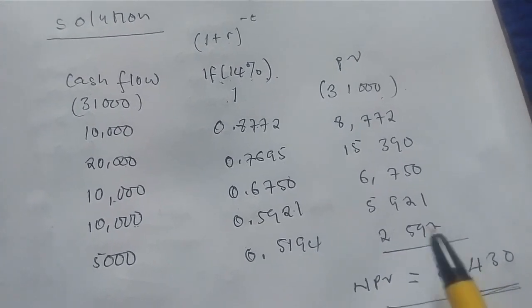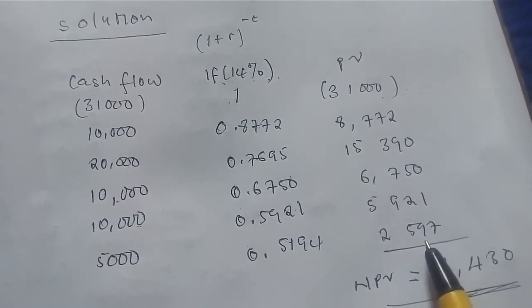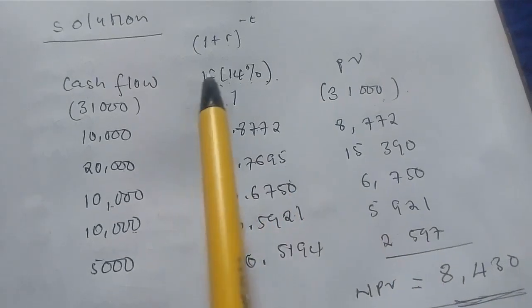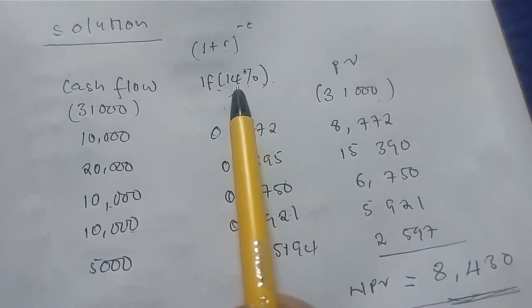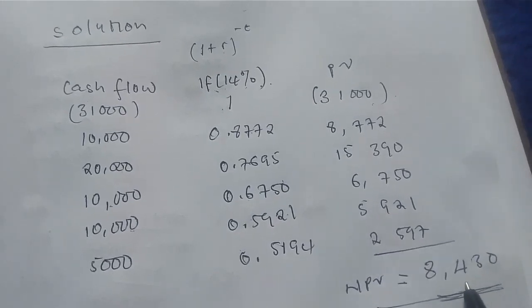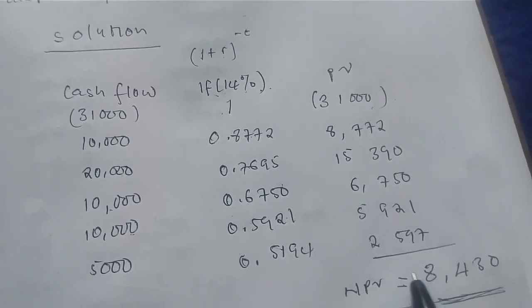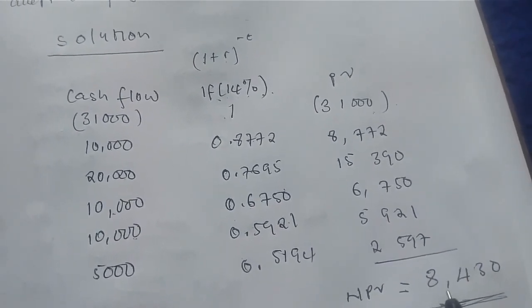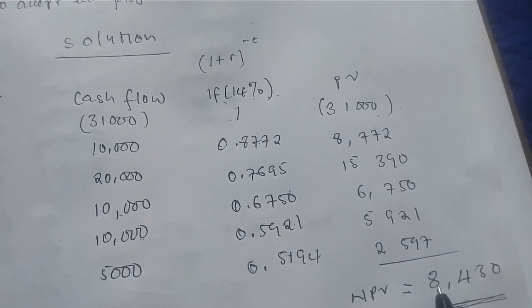So in the case of the internal rate of return, we are simply looking at the rate that should give us zero net present value, not a positive, not a negative, but zero net present value.